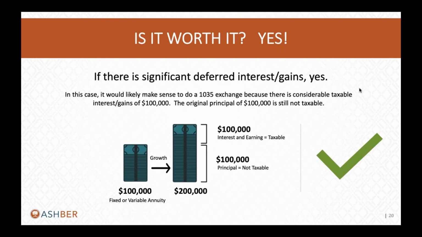So it's going to make sense to do a 1035 exchange so that we can exchange the full $200,000 annuity for another type of contract where we're not taxed on the full $100,000 at one time. Instead, if we were to exchange this for a contract that complies with Medicaid, then the taxable amount is going to be spread out for whatever time frame we would choose for the new annuity contract.